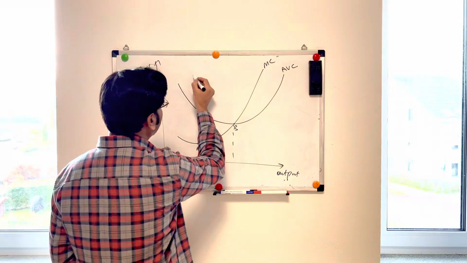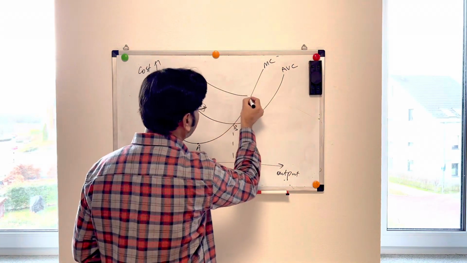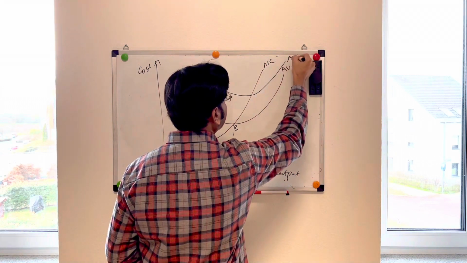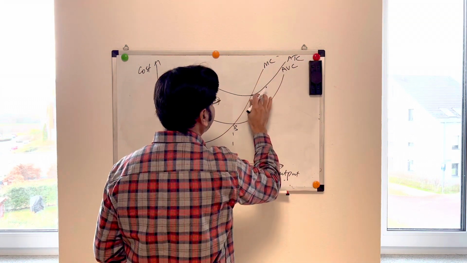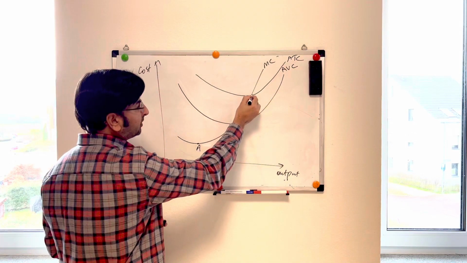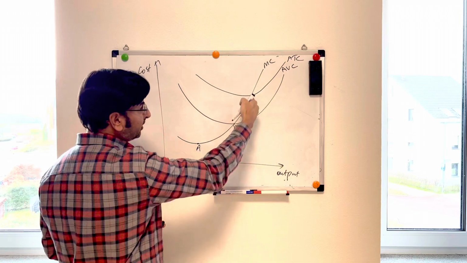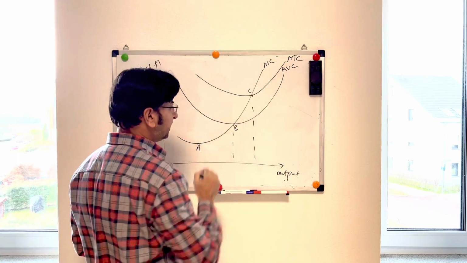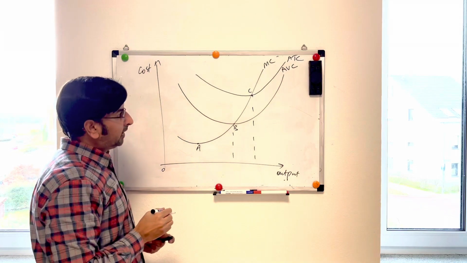Let me show you this. I hope this may not be perfect, but it still makes some sense. So you can see that the minimum of average total cost is later than the minimum of average variable cost, let me call it point C.